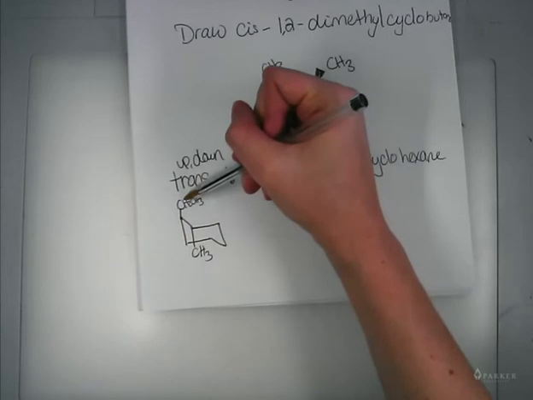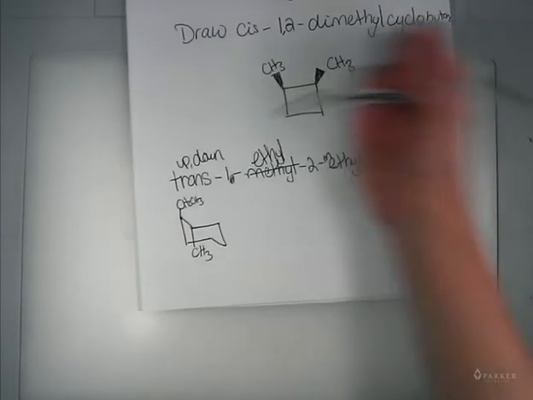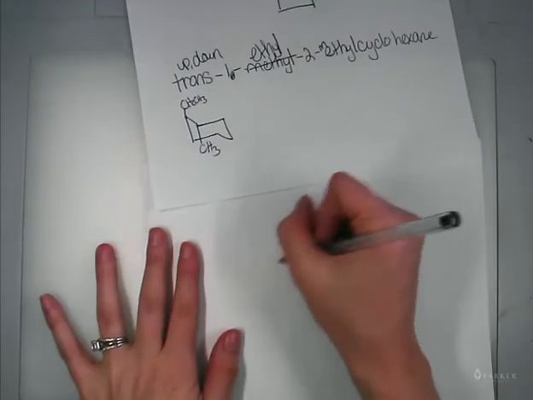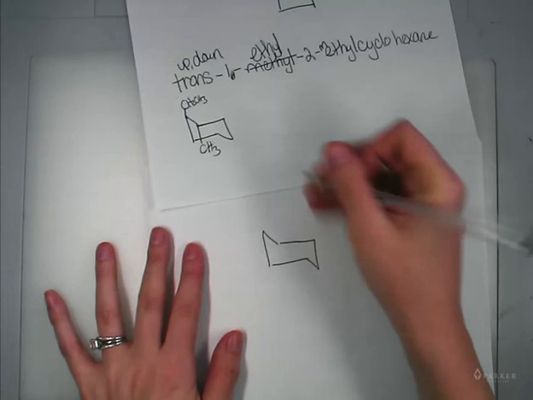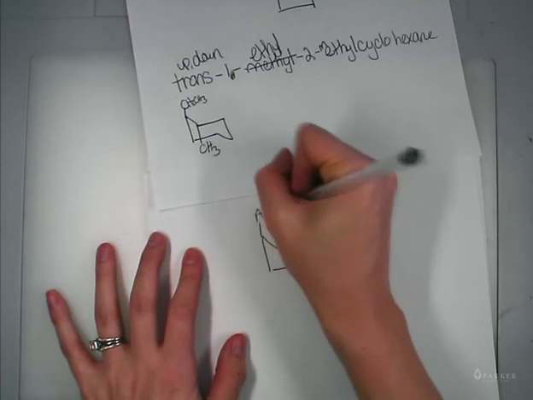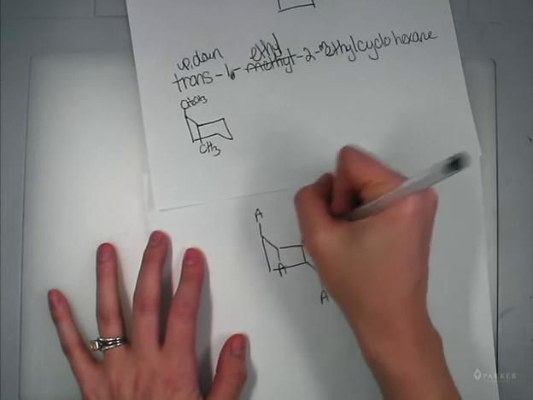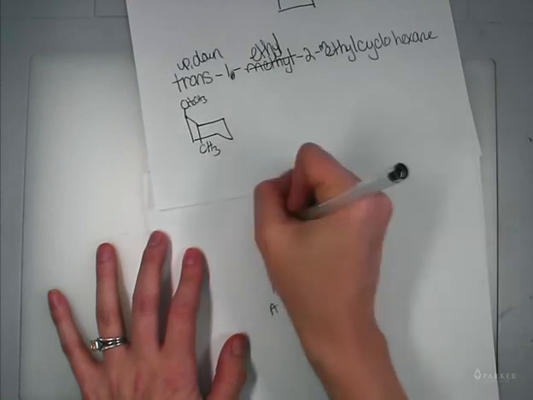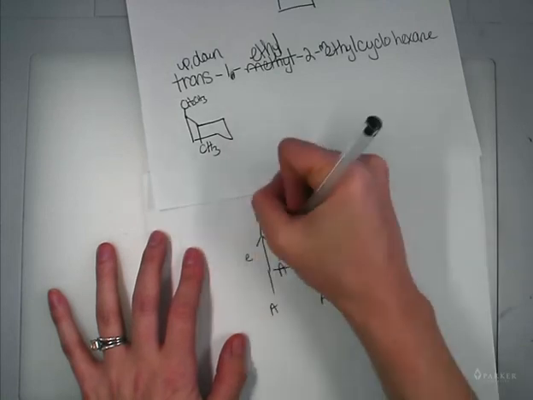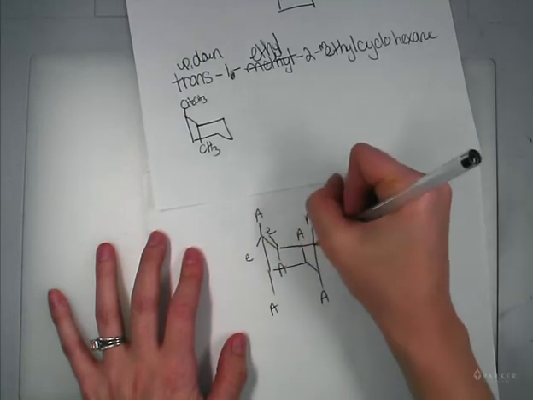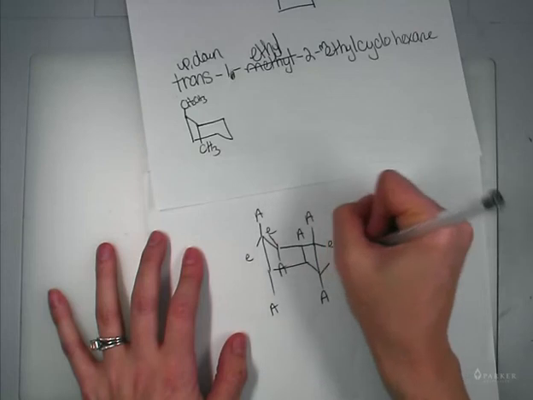Because if I have axial up here, axial is down here. I'll make the key really quick. What was your question?